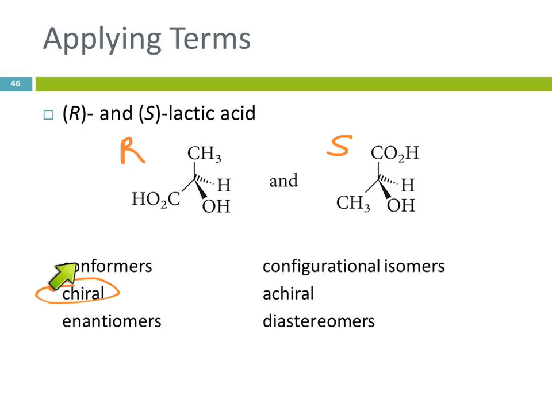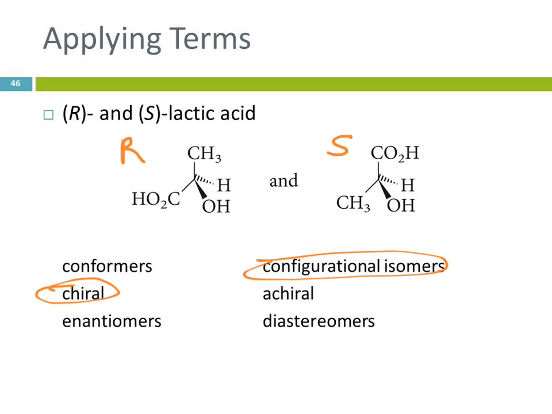Chiral molecules are not conformers. In order to switch this one into that one, you have to break this bond and move the pieces. You can't just twist them around. So that makes them configurational isomers. And are they enantiomers or diastereomers? If you have one stereogenic center, you just have two stereoisomers, and they will be enantiomers.